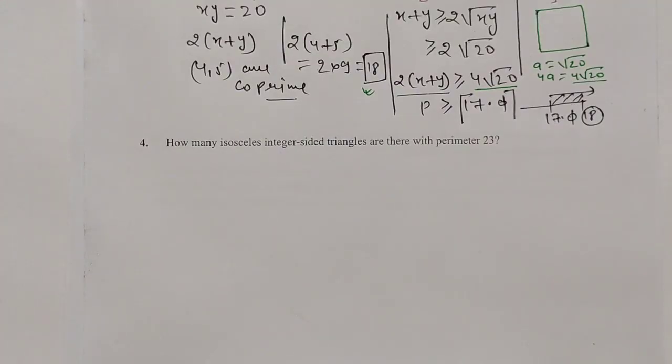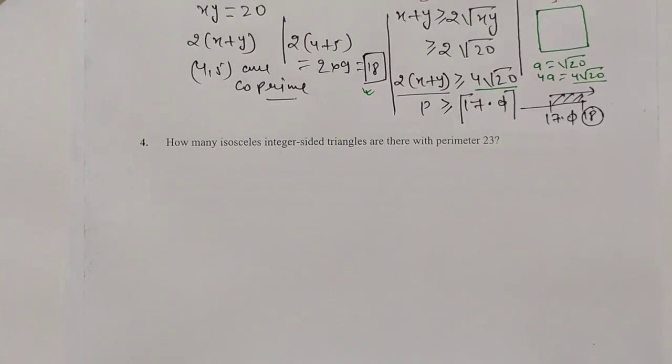Now for problem number 4, we have to calculate the number of isosceles integer sided triangles that are there with perimeter 23.